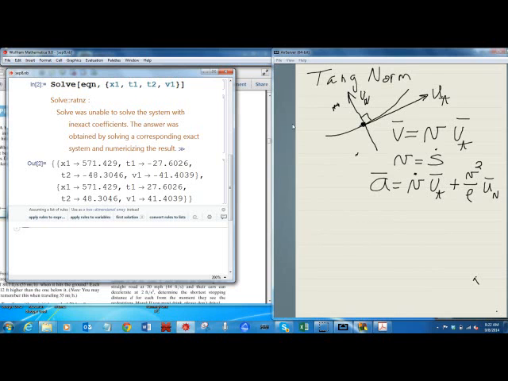That is UT, the unit vector in the tangent direction. V is the speed. This is the change in speed. So you've got your foot on the gas, speeding up. You've got your foot on the brake, you're slowing down.